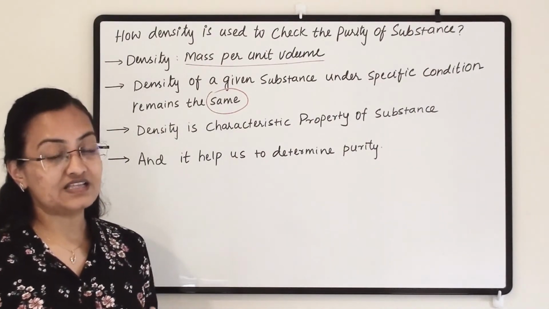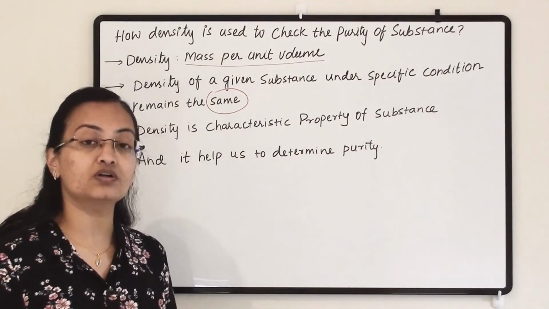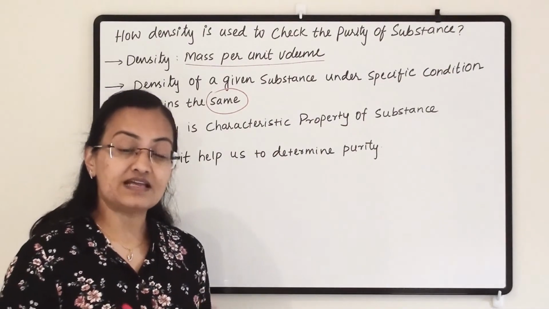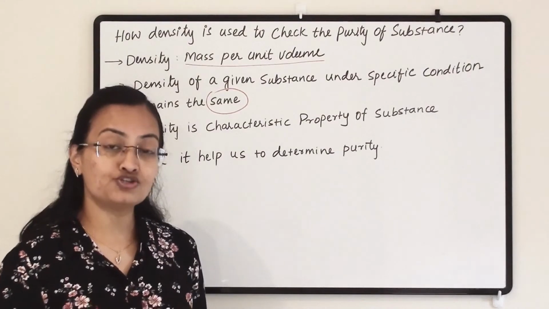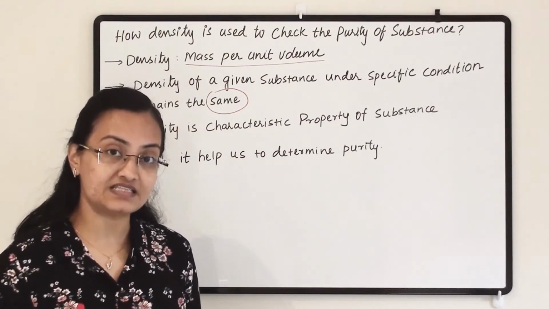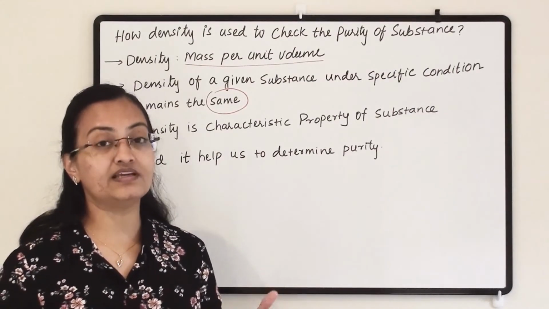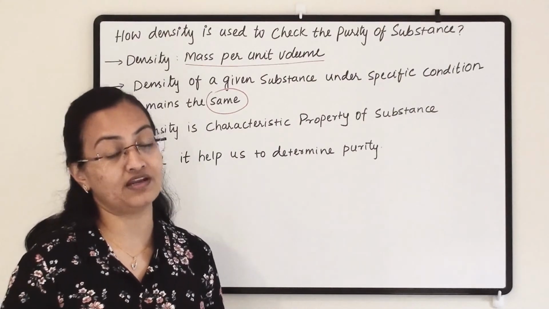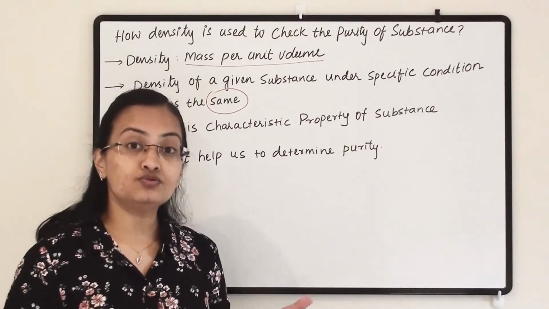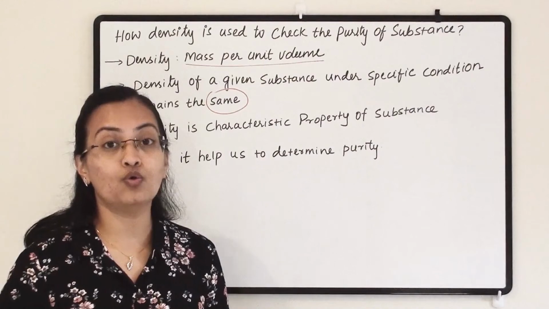Always we are checking density with respect to water's density. We know that water's density is 1000 kg per meter cube. So for any substance, we take the ratio of that substance's density to the water's density, which is 1000 kg per meter cube, and that ratio gives us the relative density of that substance. If there is any impurity in the substance, then it will not match the theoretical or correct value.